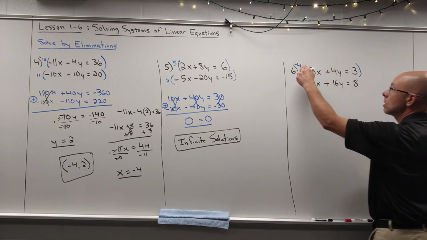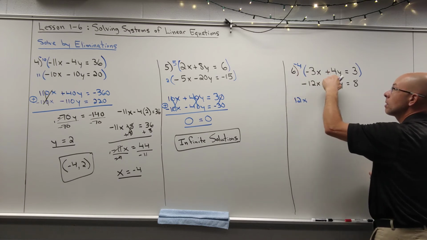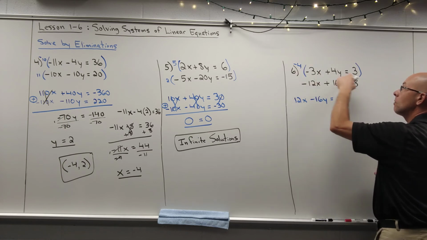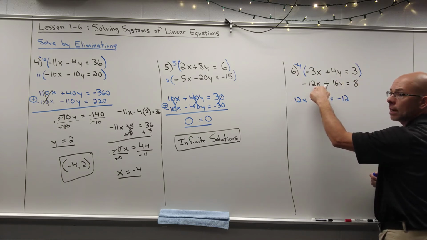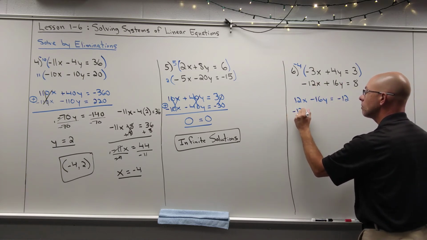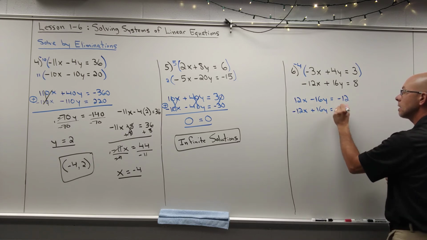Okay, so top equation, negative 4 times that becomes 12x. Negative 4 times that becomes minus 16y. And negative 4 times that becomes negative 12. I'm not doing anything to this equation because I didn't have to. That just stays negative 12x plus 16y equals 8.